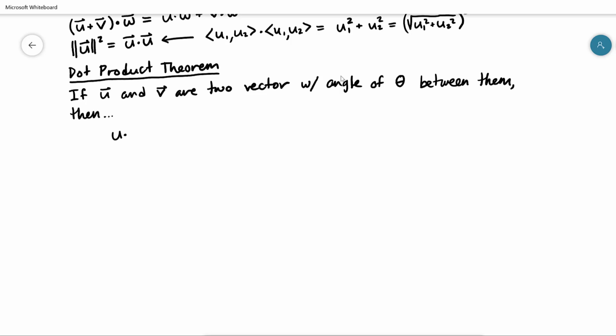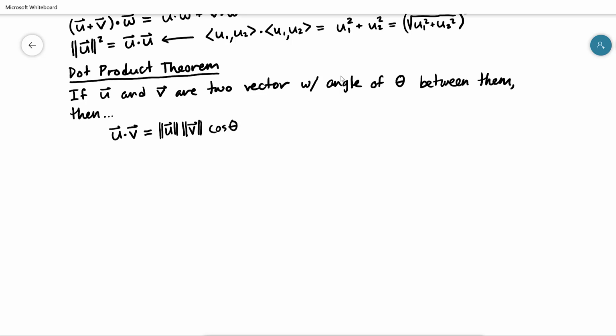When you take the dot product of u and v, it's the same as taking the magnitude of u, the magnitude of v, times the cosine of that angle theta between those two vectors.